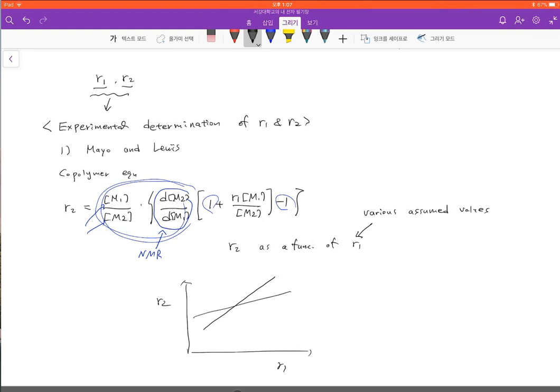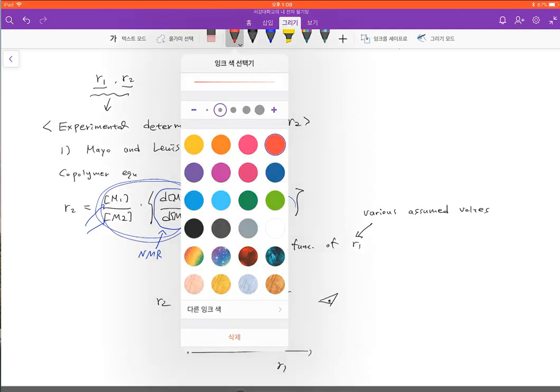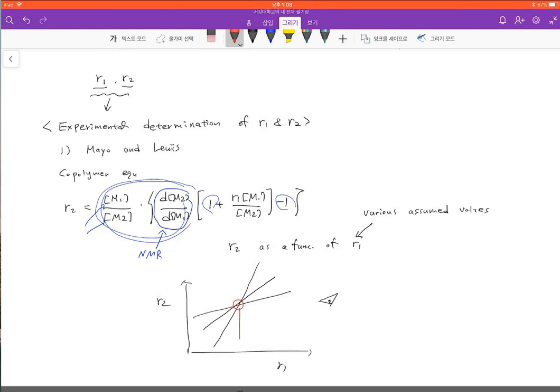And you do the experiment with different monomer feeds, for example. Then we also plot R2 as a function of R1 with the assumed various values. Then you have another linear plot. And if you have at least 3 plots with different M1 and M2, from the intersection here, it will not be an exact intersection. It will be some triangle. So if you enlarge it, you have this kind of triangle.